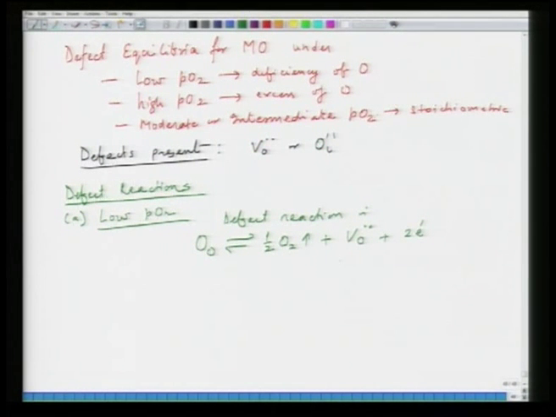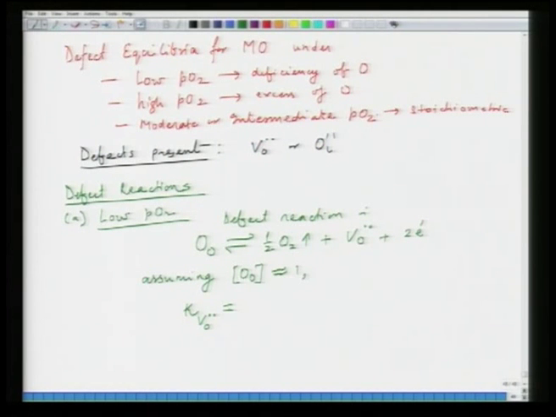Assuming OO is almost equal to 1, we can write K for this reaction. Let us say this is KVO.